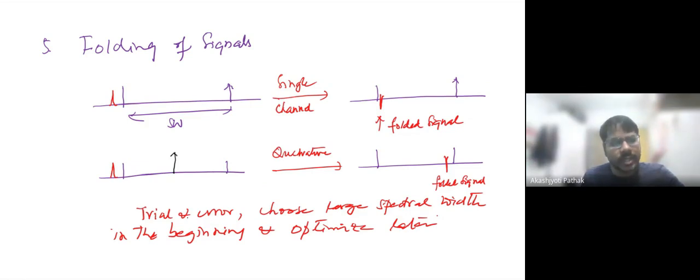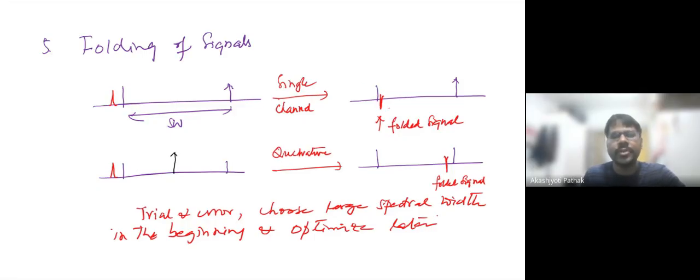So for removing this error, one way is to use a trial and error method. You choose a large spectral width in the beginning, and then you can optimize it later. If you choose a large spectral width, then this frequency which was lying outside the spectral width can now come within it, and you will not observe folding of signals.